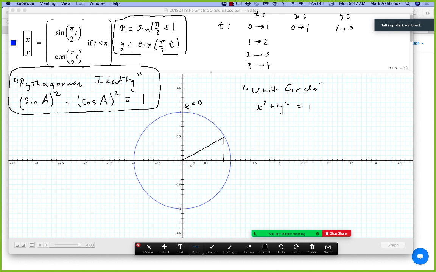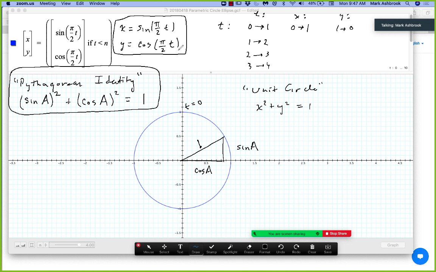Because we know cosine is the x-coordinate. Sine is the y-coordinate. And if it's the unit circle, it's 1.